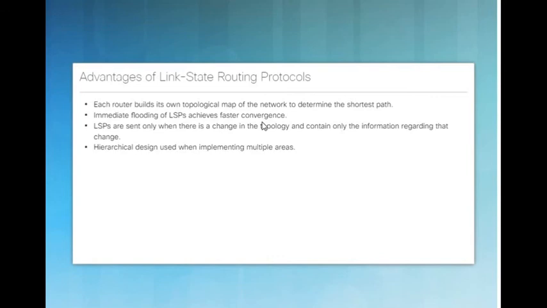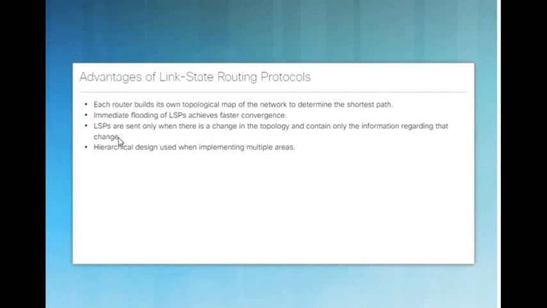It has faster convergence because of the exchange of link state protocol updates. It's like the hello packet from EIGRP, and it's a triggered update. OSPF only sends an update whenever necessary, or whenever there's a change in the network, so it doesn't send it periodically compared with RIP v2.